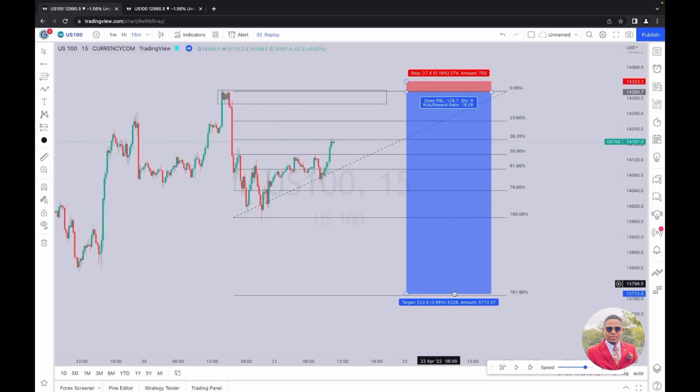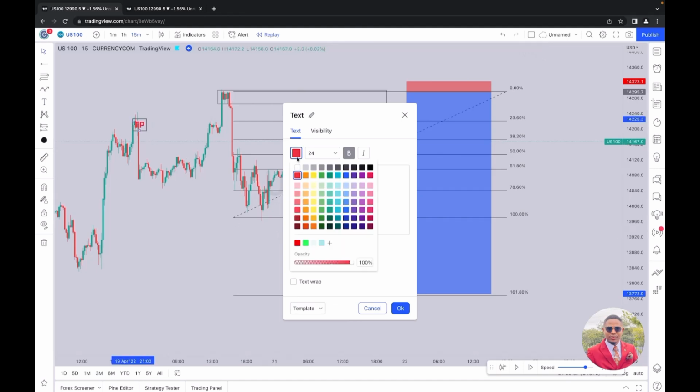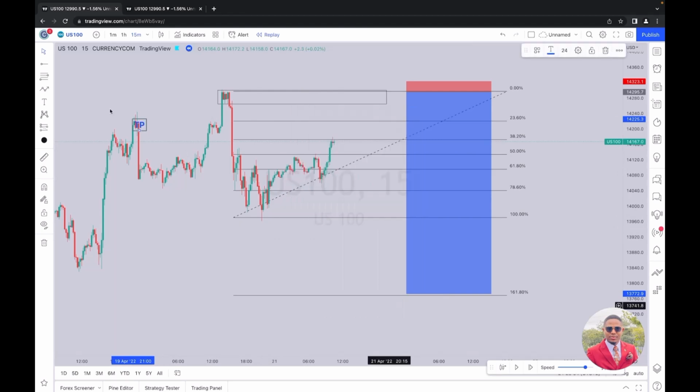Because you always need to put your TP at 161. So this is where your TP is going to be, on 161 here exactly.